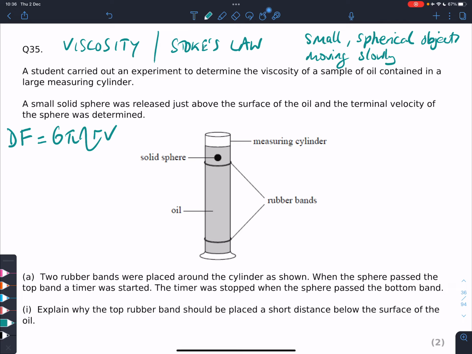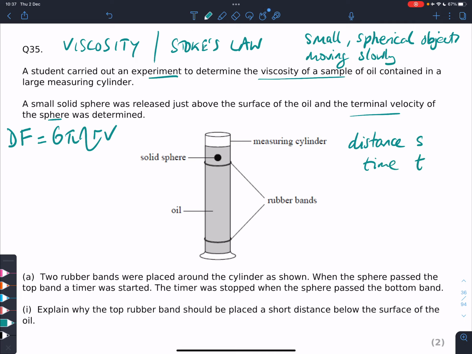Okay, so we've got an experiment now to determine the viscosity of a sample of oil. We've got oil in here, and a sphere falling through this oil. They are trying to measure the terminal velocity of the sphere using distance s and time t.